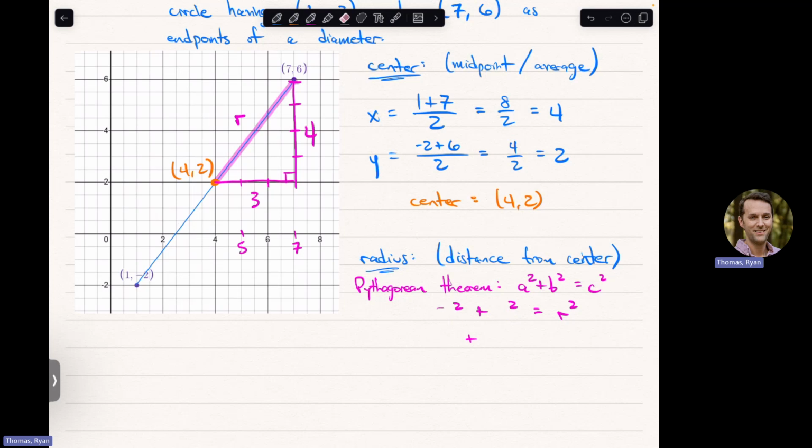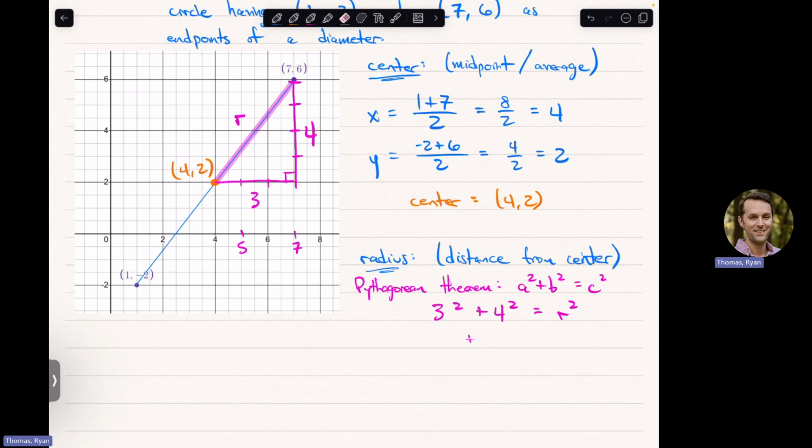I just counted wrong. But if I'd actually been counting rather than looking at my graph and thinking about how I get from 4 to 7, 4, 5, you can't see me, but I'm counting on my fingers. 4, 5, 6, 7 is 3. And from 2 to 6, 2, 3, 4, 5, 6 is 4.